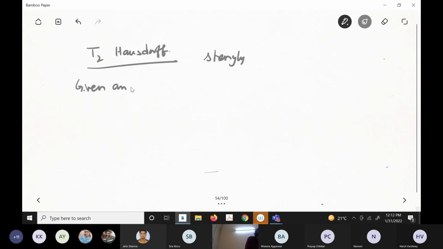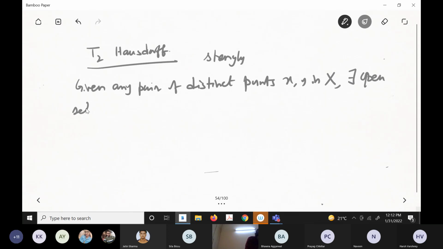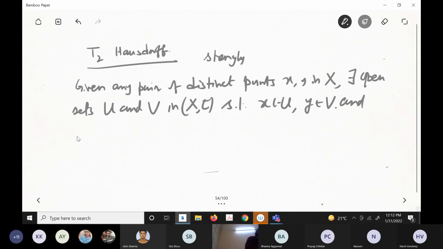Given any pair of distinct points x, y in X, there exist open sets U and V in tau such that x belongs to U, y belongs to V, and they are disjoint.